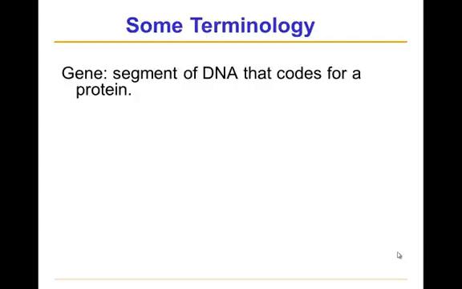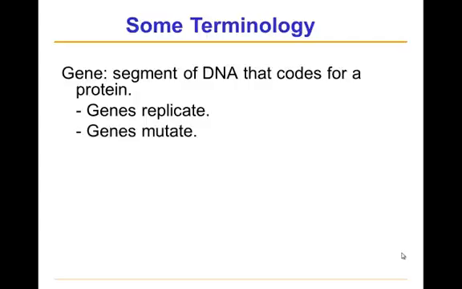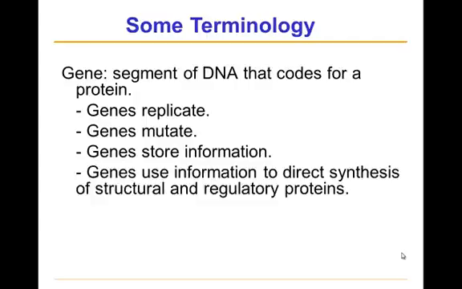Now, genes are elements of focus here. So genes are able to replicate. They can copy themselves. Genes can mutate. They don't copy themselves perfectly every time. If they did, we wouldn't really have any evolution. Genes store information, and genes use that information to direct synthesis of structural and regulatory proteins.